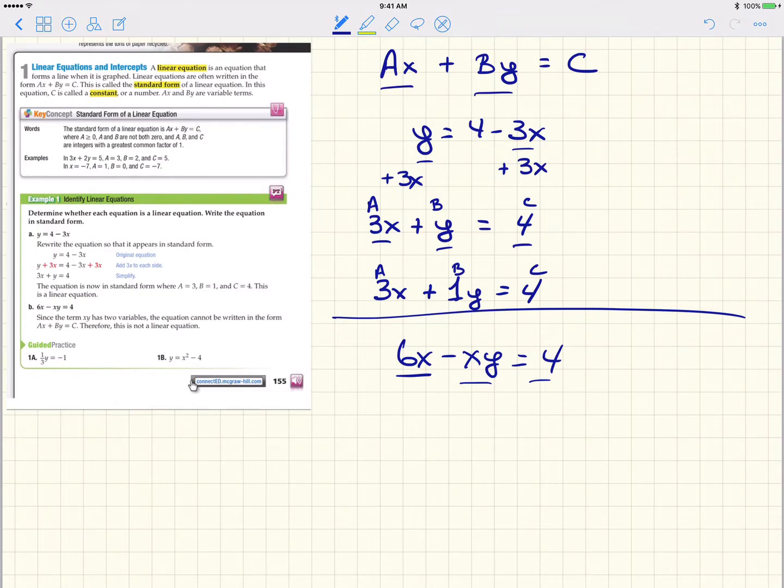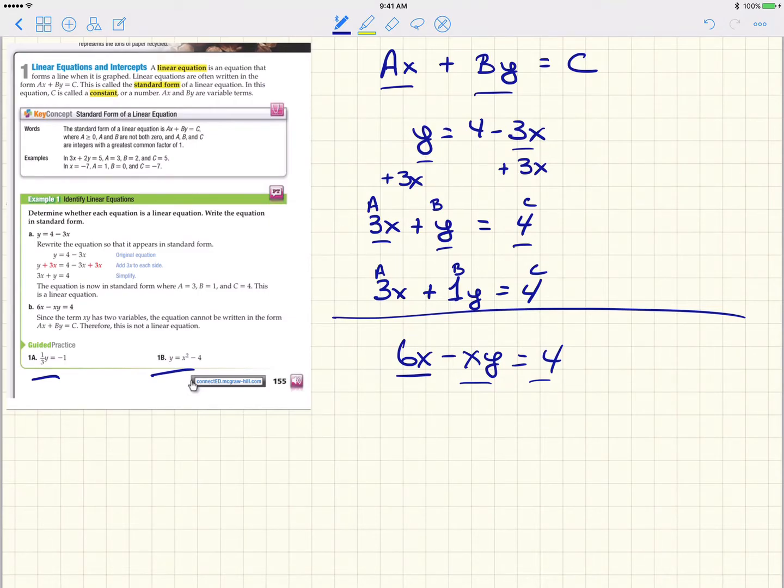So the last thing I want you guys to do for this lesson is do guided practice 1A and 1B. In other words, tell me, does 1/3 y equal -1? Does that describe a linear equation?